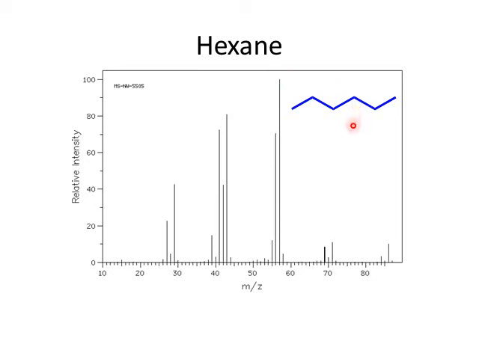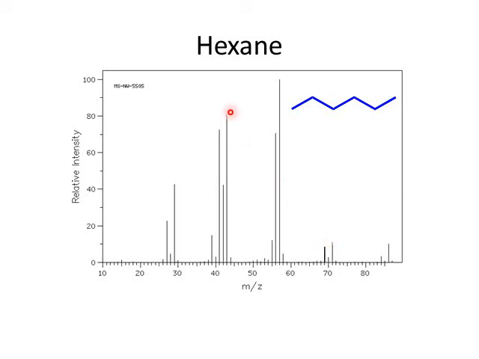Now we could look at other fragments, like this one at 71. Well, that's 86 minus 15, and 15 is a CH3. So if I broke this bond, I'd lose 1 carbon and 3 hydrogens, so I'd get something that weighed 15 less. And that's this peak here at 71, I'm sorry.